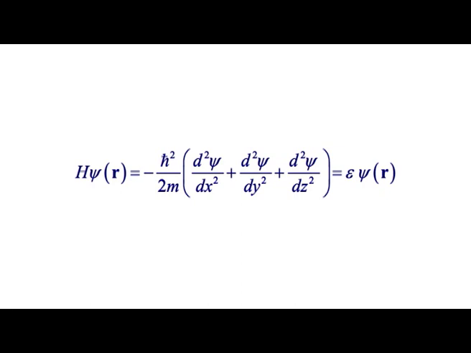Now, if we extend this formulation into a 3-dimensional system, we start with the Schrodinger equation in 3 dimensions, which we write as minus h cut squared by 2m into (dou squared by dou x squared plus dou squared by dou y squared plus dou squared by dou z squared) into psi k of r, where r represents x, y and z directions, equal to E k psi k of r.